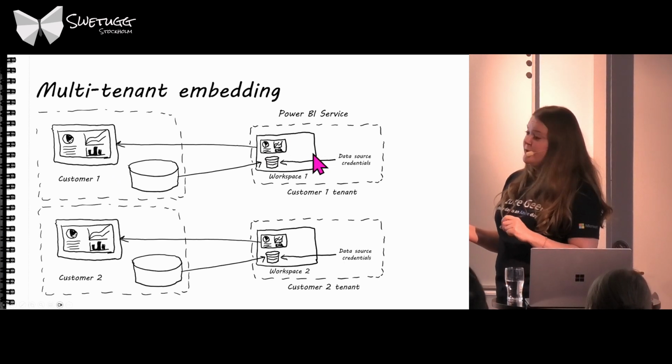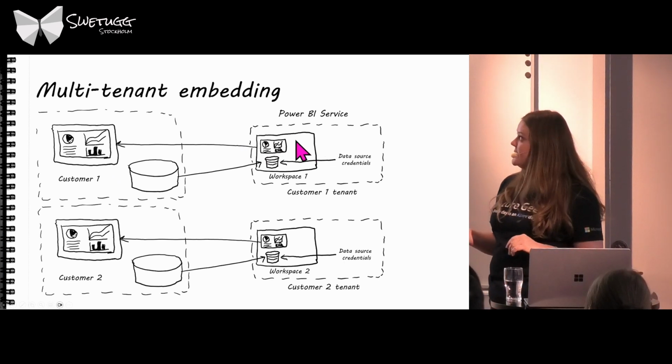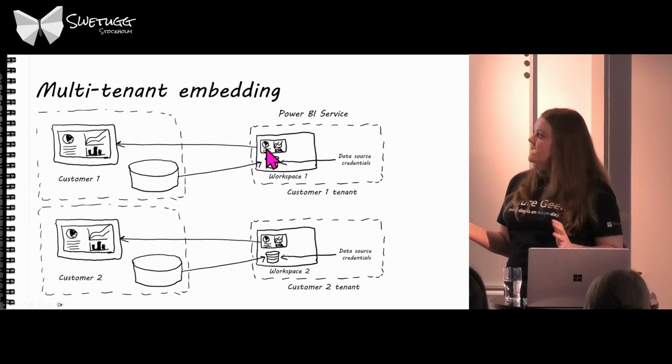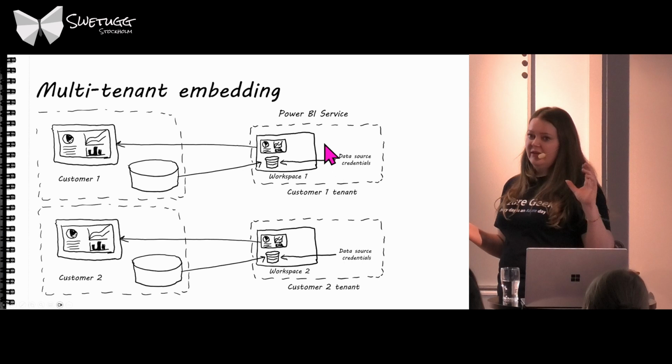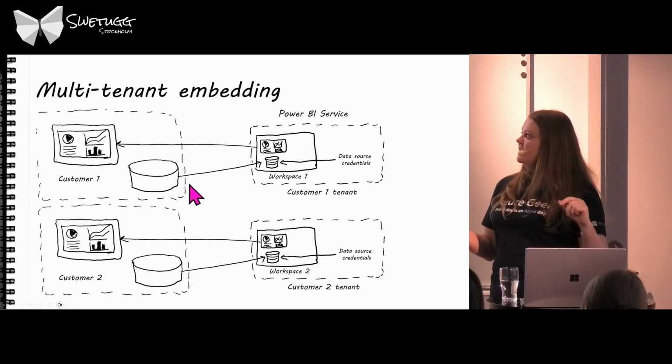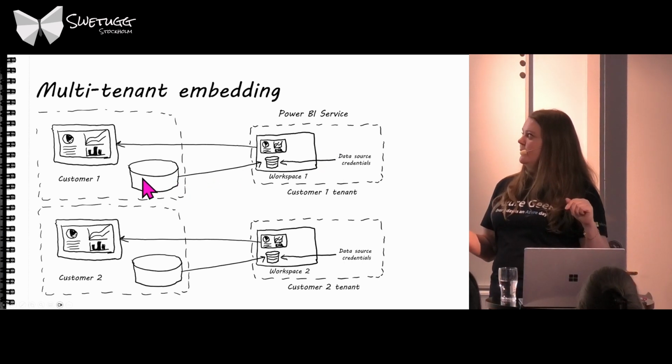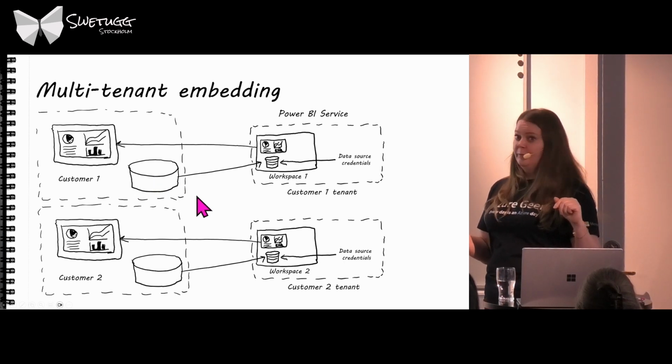You can create workspaces using Power BI REST APIs. You can create datasets in your application. You have data source credentials for every customer, and you have a data source for every customer. For example, you deploy a database separately for every customer.